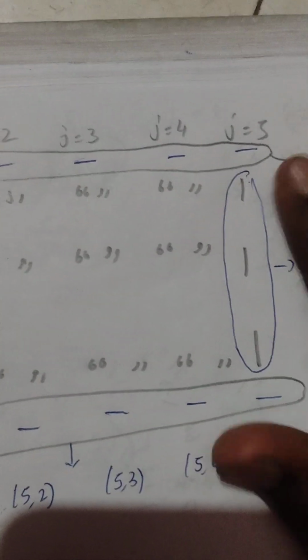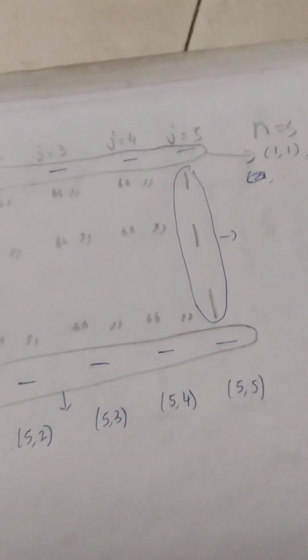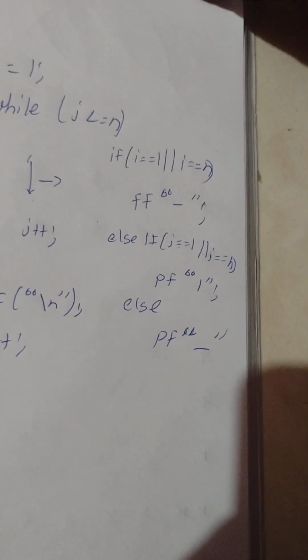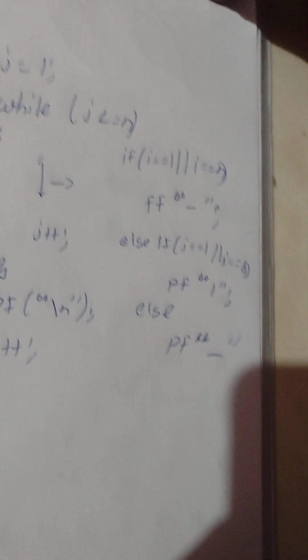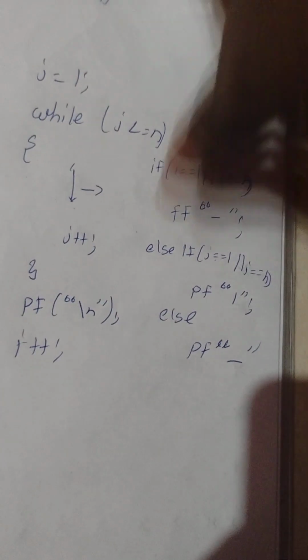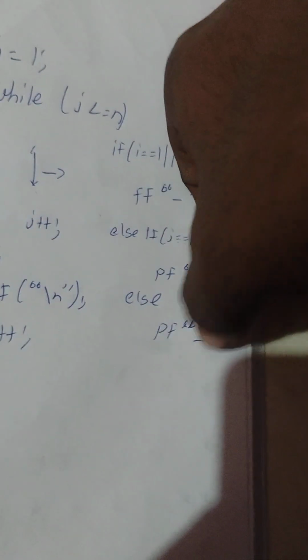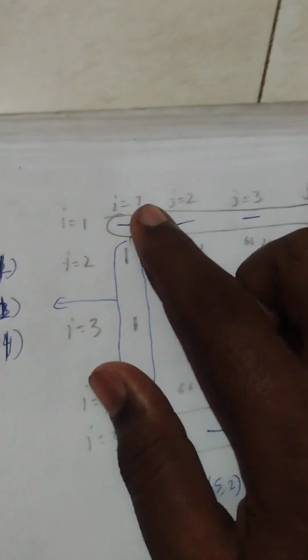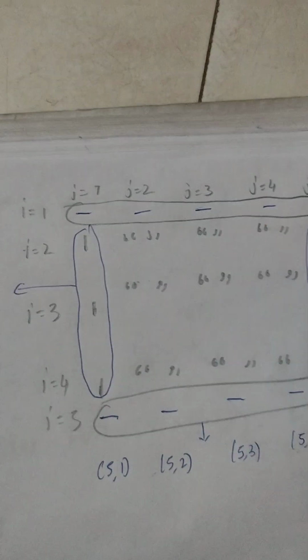So 1 gets printed, 5 gets printed. Okay, that's how pipes get printed. Otherwise, the remaining are spaces. This represents space, not dash. Very easy. The dash means 1.